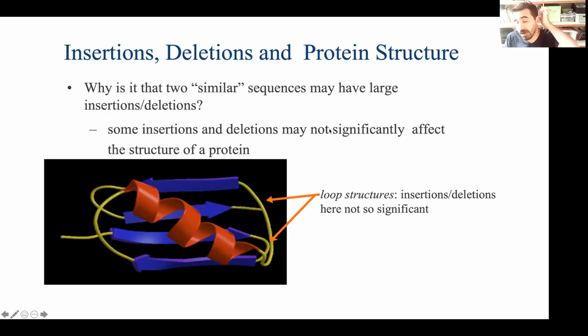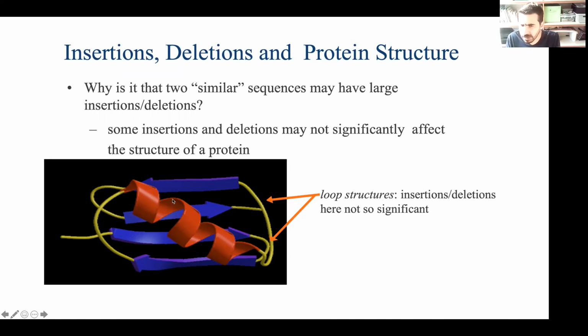So how does it work? Why do we have insertions and deletions in proteins, right? A protein has a fold, a structure, and any kind of sequence insertion or deletion might prevent proper functioning of the protein, because we know that proteins have 3D structure, and if you go into detail, a 2D structure, which is basically beta sheets and alpha helices.